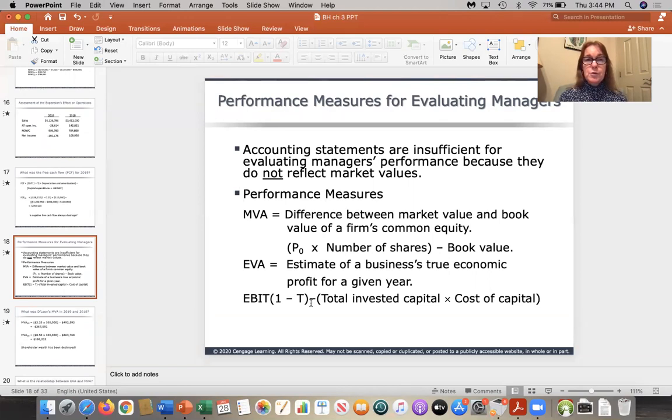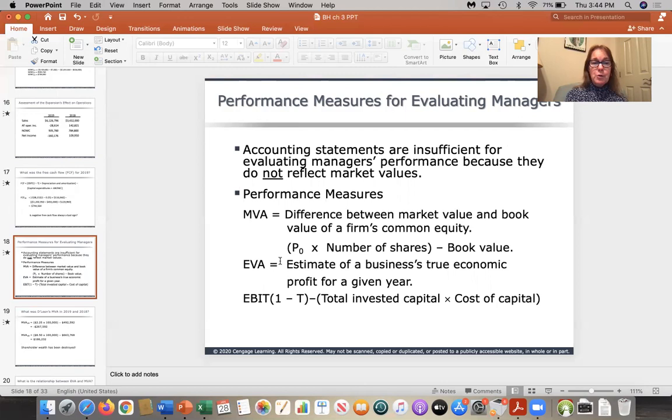If the profit was a certain amount, but their cost of capital is higher than what their profits are, then they haven't added value for the firm.